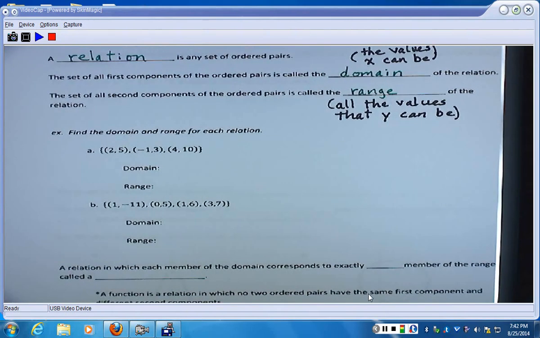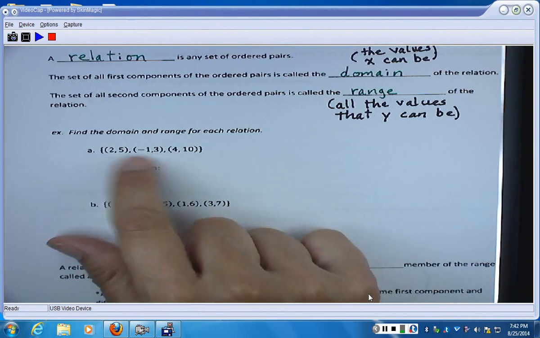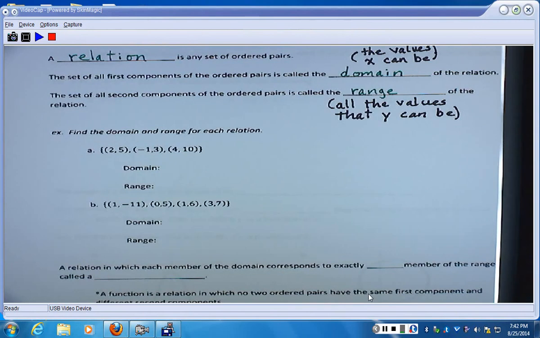Okay, so we're going to find the domain and the range for each relation here. So any set of ordered pairs, x comma y, here's a set of ordered pairs. This is a relation. The domain, what values can x be?